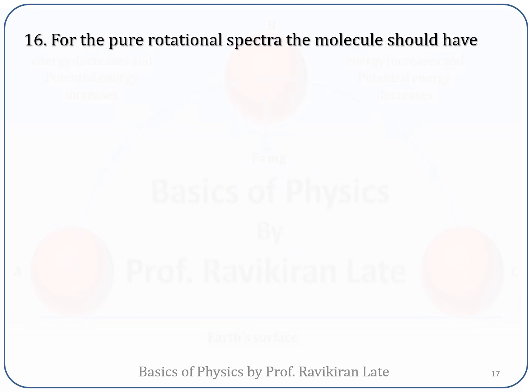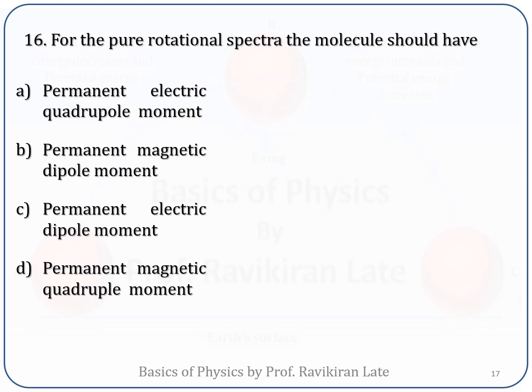The 16th question: for pure rotational spectra, the molecule should have, options are given below, option A permanent electric quadrupole moment, option B permanent magnetic dipole moment, option C permanent electric dipole moment, option D permanent magnetic quadrupole moment.